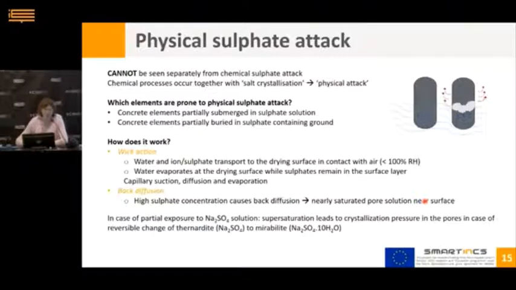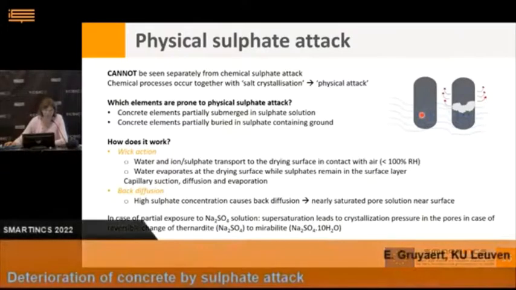So if you see on the right hand side, I just tried to make a figure where you can see a concrete sample partly immersed in a sulfate solution. So first of all, water and of course ions, as the sulfates that will be present in the water, will intrude in your specimens, and the water and the ions in it will transport in your concrete towards the drying surface.